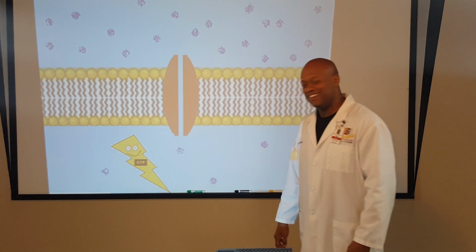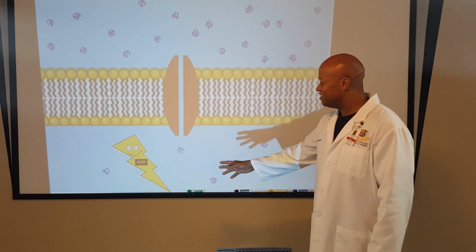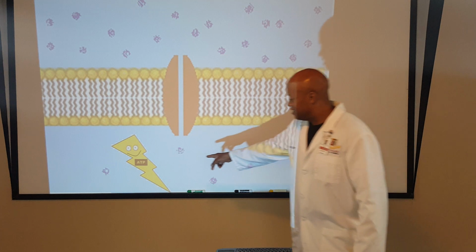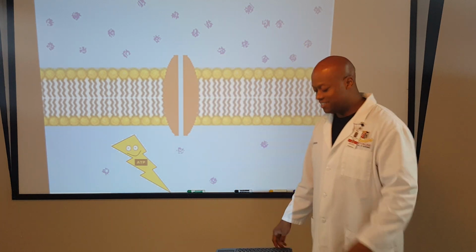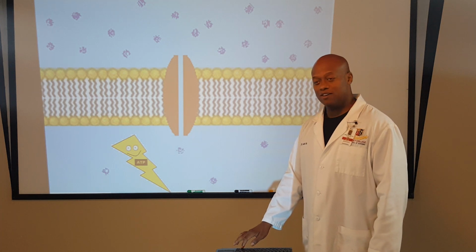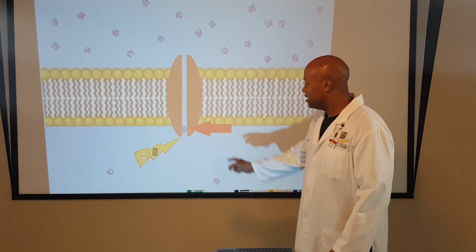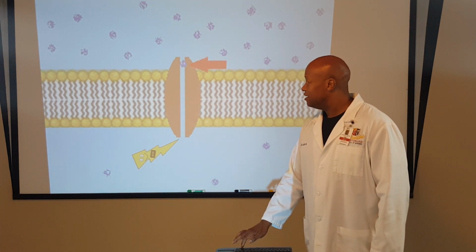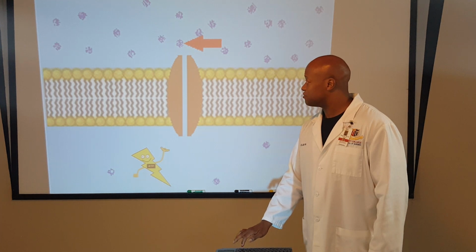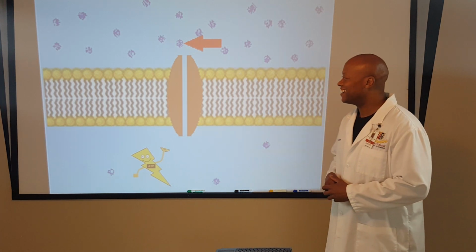We've got our little energy bolt there. It's going to help the sodium get to the other side against the concentration gradient. So here we go. It zaps the channel and helps that little guy through, and he's able to get through to the other side.